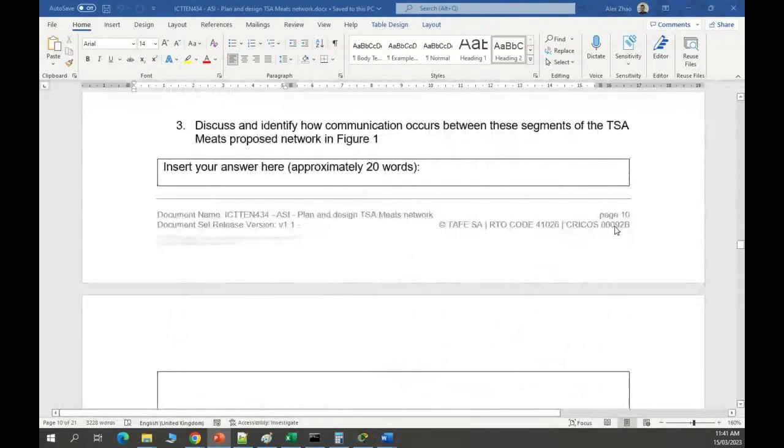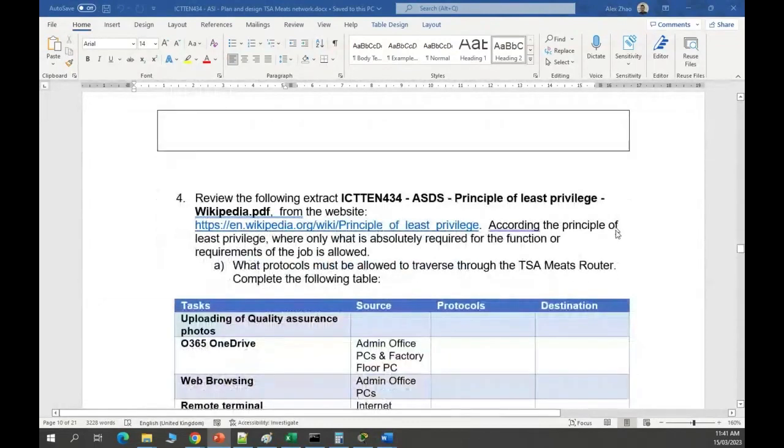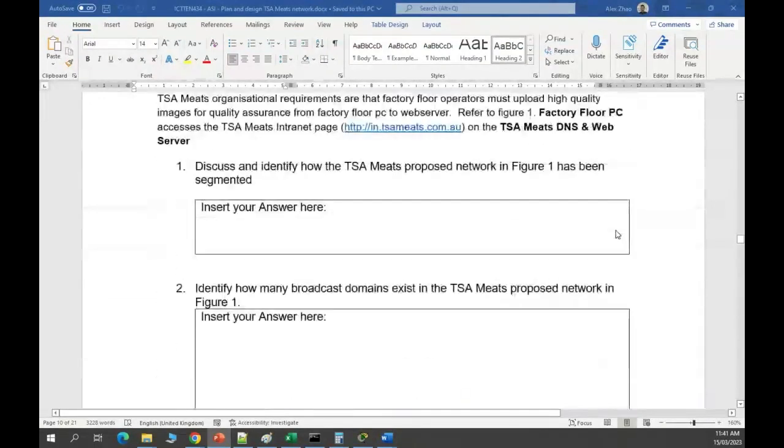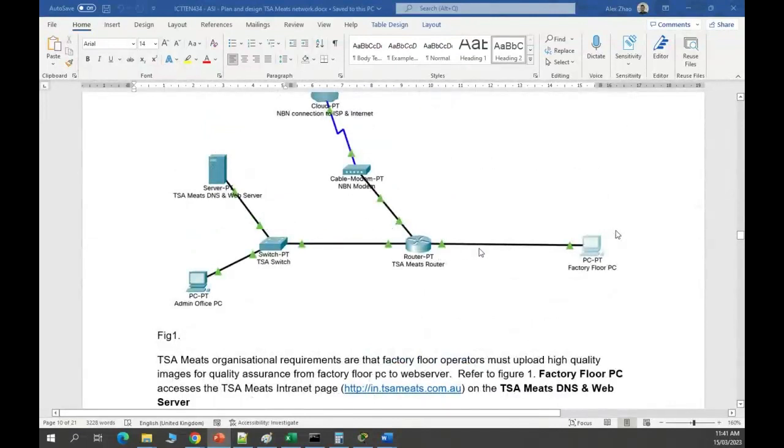Sorry, I think I missed the question. Okay, no, I didn't. So obviously, if this is where traffic has to go through, this is where we can control traffic, isn't it? It's like a checkpoint on a border gate.